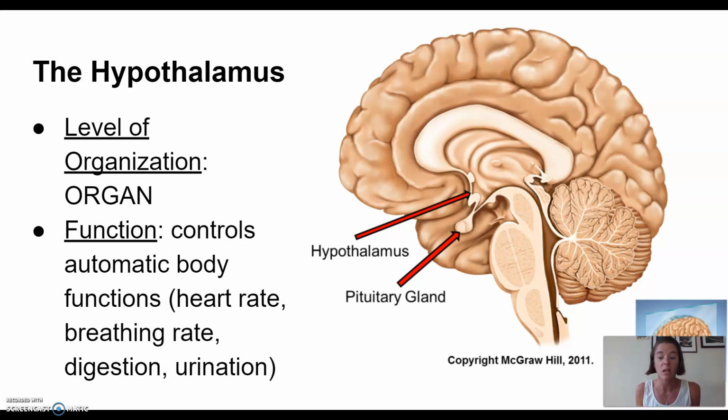So these are the things that you don't even know, but they just happen anyways. Things like your heart beating, your ability to breathe, your ability to digest food, your ability to go to the bathroom, your ability to pull your hand back when something is hot or sticky or ouchy. Any of those things that you don't even have to think about, they just happen, your hypothalamus is in charge.